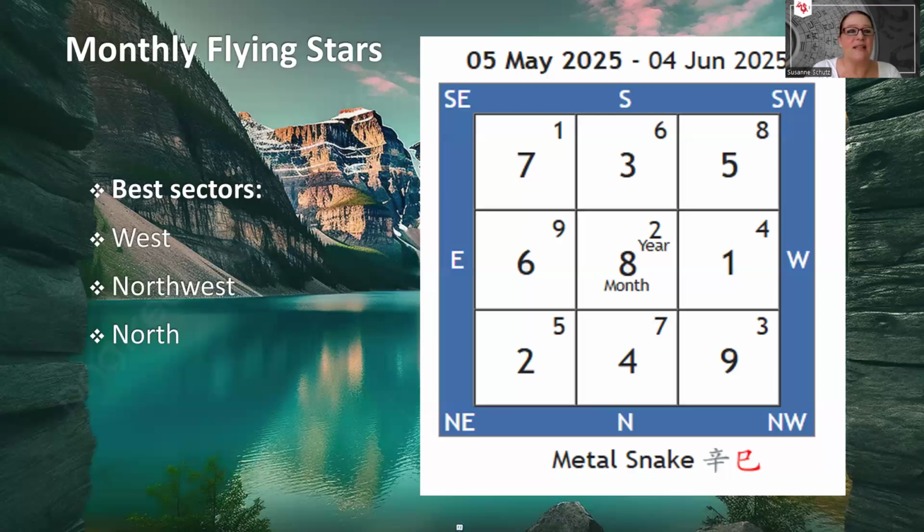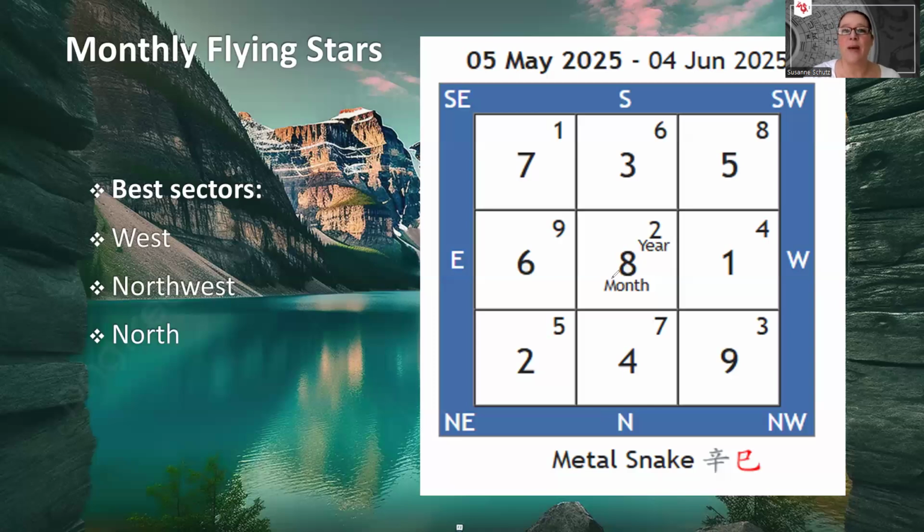So let's take a look at this chart for the month of May. Now, on the surface, it doesn't actually look like a very special chart, but for those of you who are a little bit advanced in your feng shui knowledge, you will realize that we actually have a hidden parent string formation in every single one of these palaces.